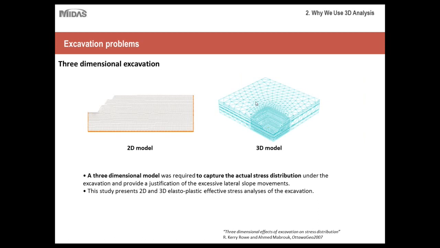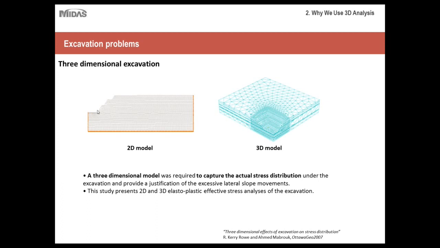Okay, and here's another example of 2D versus 3D analysis, this time for an excavation type project. As you can see, with a 2D model, you're only able to account for the geometry in this plane, whereas with a 3D model, you're able to get the geometry in all three dimensions, so you're able to account for this cornering effect here. What will happen is because there's a corner here, this corner will receive greater strain, but also it'll reduce the amount of deformation and displacement in this general area.